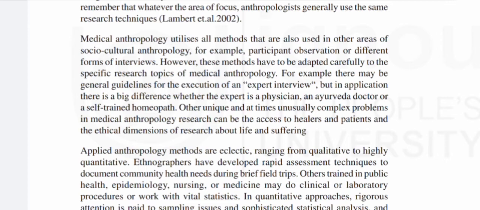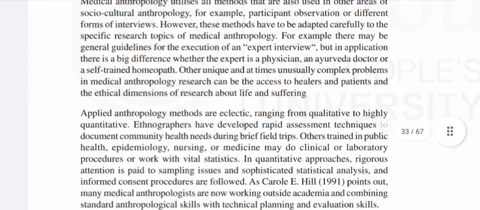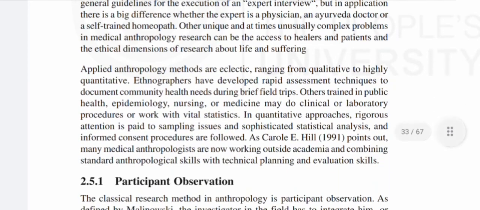In quantitative approaches, rigorous attention is paid to sampling issues, sophisticated statistical analysis, and informed consent procedures. As Carol E. Hill, 1991, points out, many medical anthropologists are now working outside academia and combining standard anthropological skills and techniques with planning and evaluation skills.